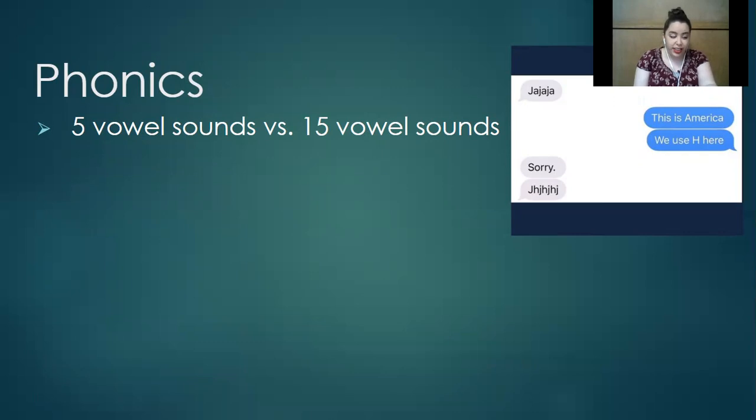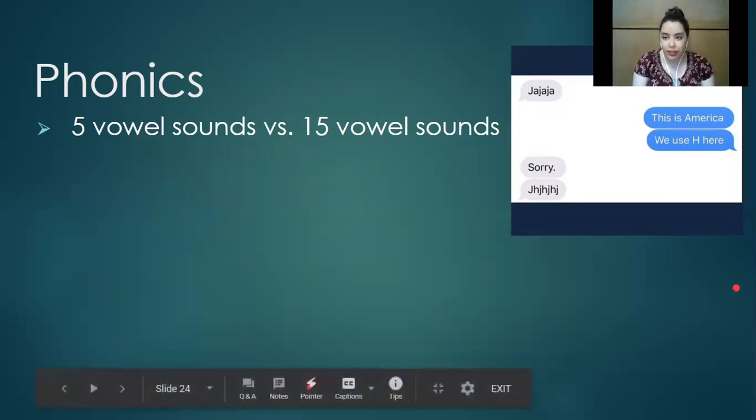And actually, a lot of times, Spanish-speaking students won't even be able to hear the difference between things like hot and hat and beat and bit. They can't really hear those differences because they have no context, because in Spanish, they just make the same sounds unless they're combined with another vowel.